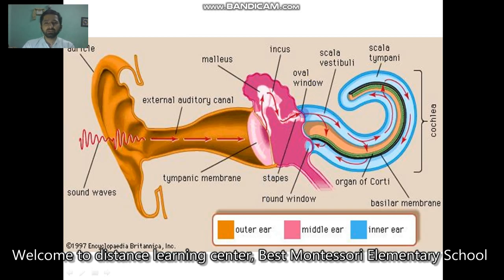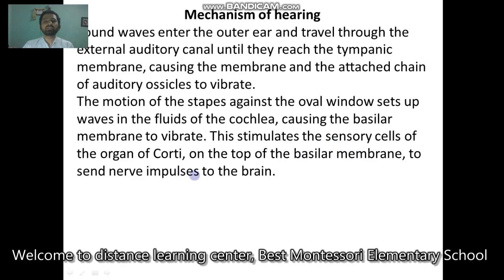This is the oval window. It sends the sensation to the oval window, and from the oval window that sensation is carried up to the organ of Corti. The organ of Corti is just above the basilar membrane. You can see the organ of Corti, the light green colored organ, in the cochlea, and it stimulates the sensory cells.